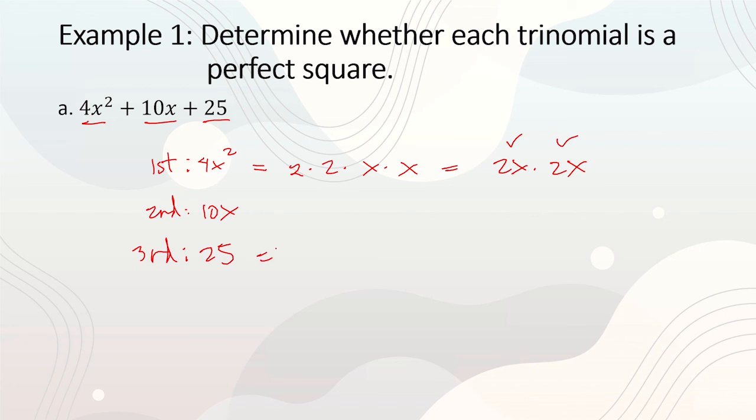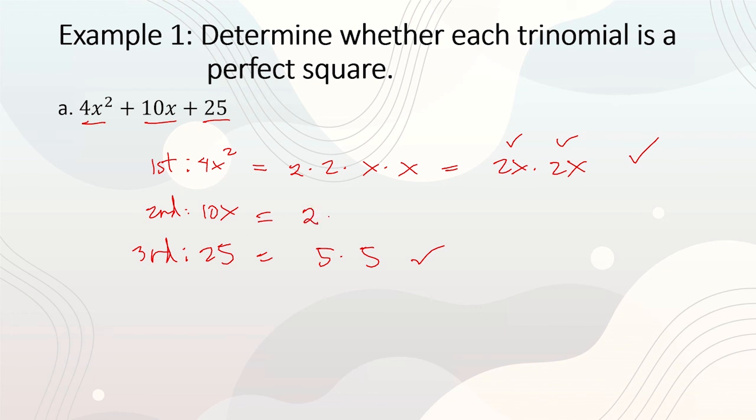How about the third term? So check this first condition. The third condition is to make sure that the third term is also a perfect square. So 25 is 5 times 5, which is a perfect square. Now the second term, make sure that it is an even number. The numerical coefficient must be an even number, in which 10 is an even number.